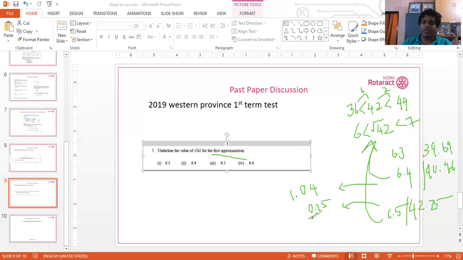So 0.25 is your answer, because this is very much closer. The difference is smaller. 6.5 is your answer.